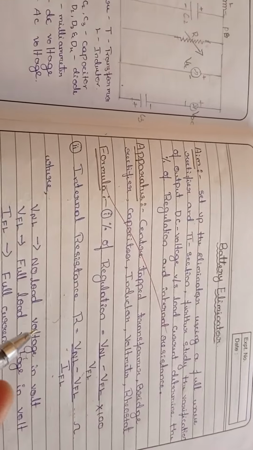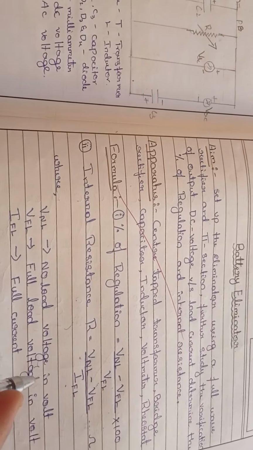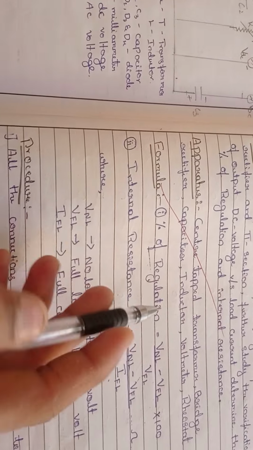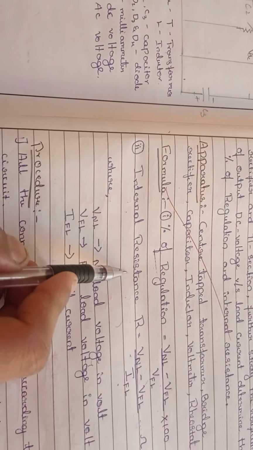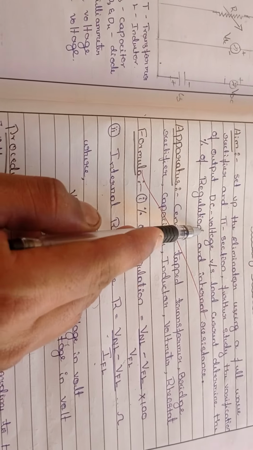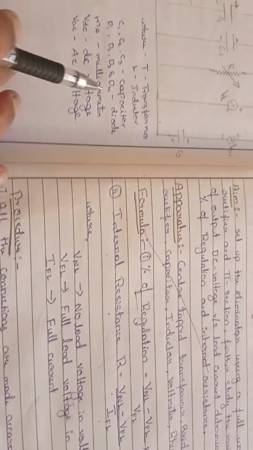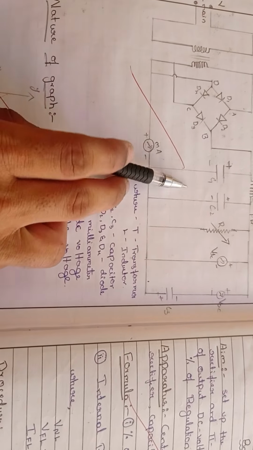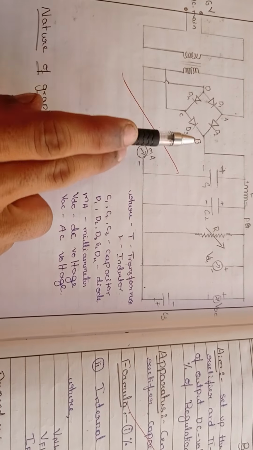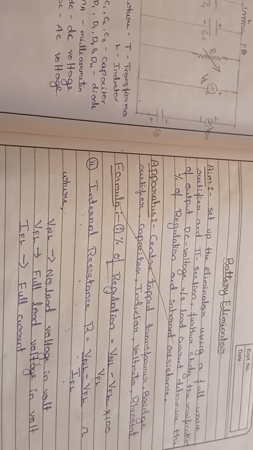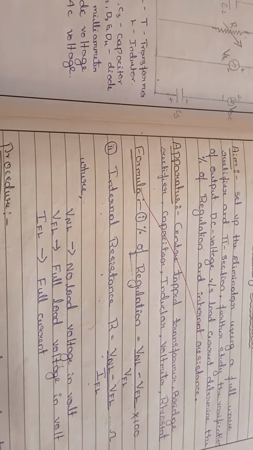Questions asked. The viva questions asked for this experiment are, first one, percentage of regulation. What is percentage of regulation? What is internal resistance? And full wave rectifier. And also they will ask what are capacitors and what are diodes, and also they will ask applications of this experiment.